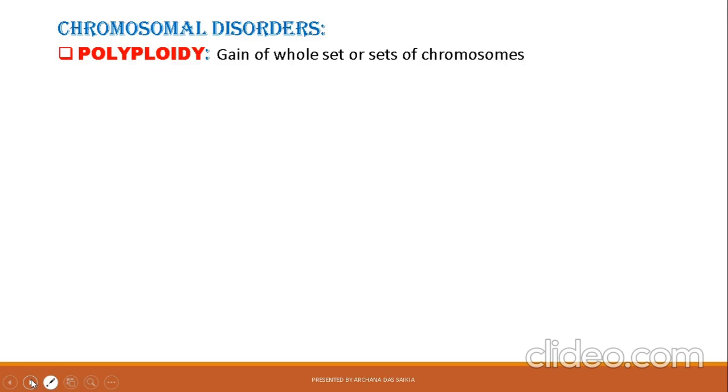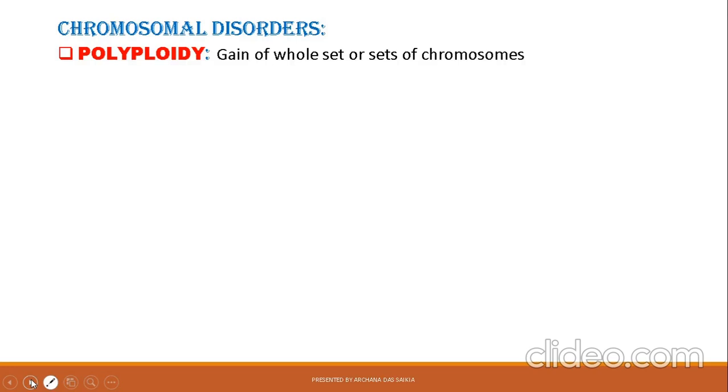Instead of 23 and 23, they contain either 24 or 22, and so consequently when they fuse with a normal gamete with 23 chromosomes, then the zygote that results will carry a chromosome number which will not be 46. Either it will be 45 or 47.